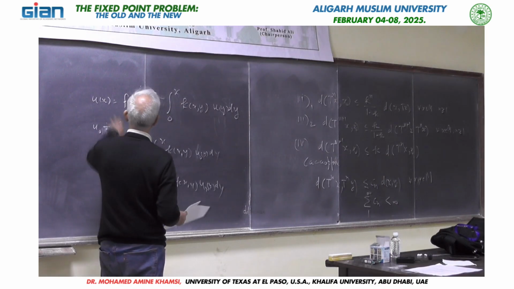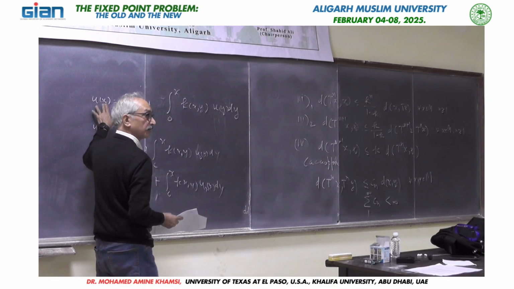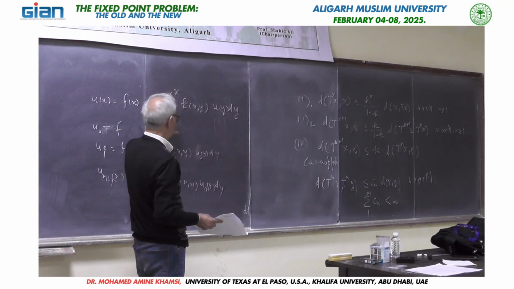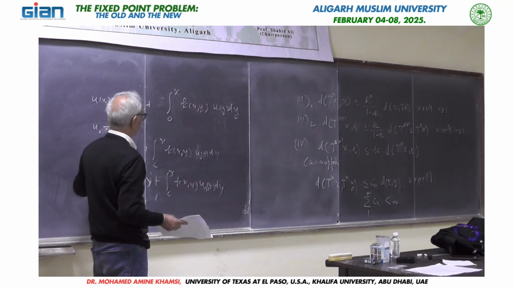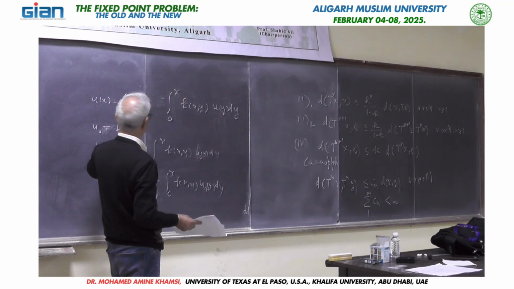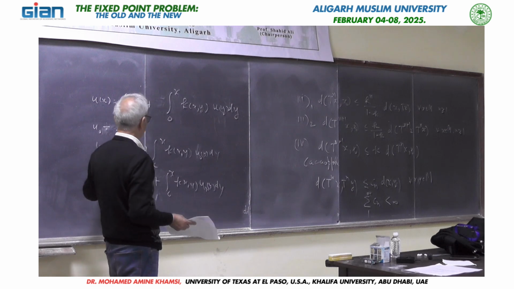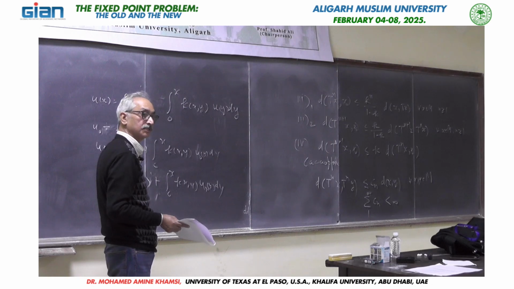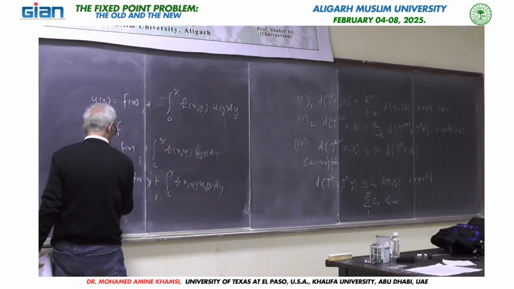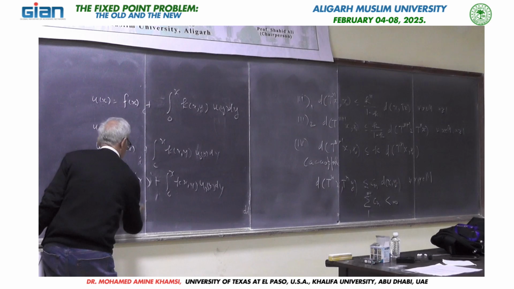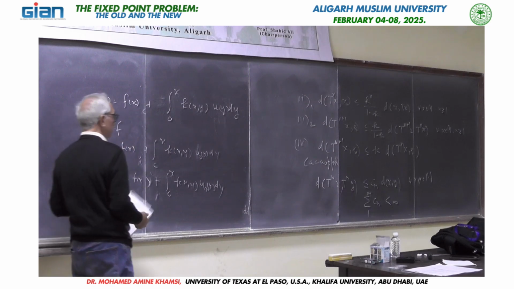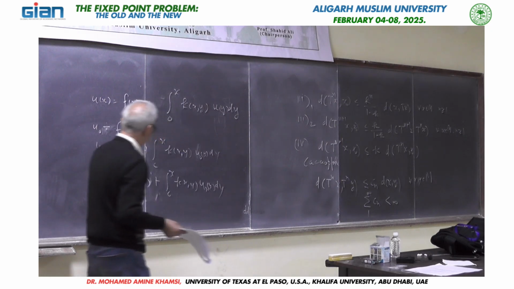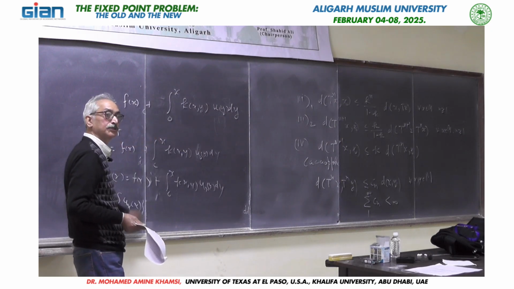See here u(x) is unknown because it appears on both sides, and therefore this is an integral equation. But each u_i is known, because you started with u0 as a known function, and then u1 is known, and so all these are known functions. So you generate a sequence, and then depending upon the conditions, you can show that this is a Cauchy sequence.